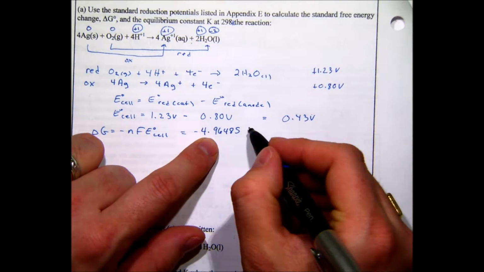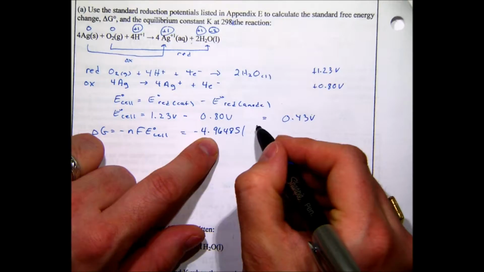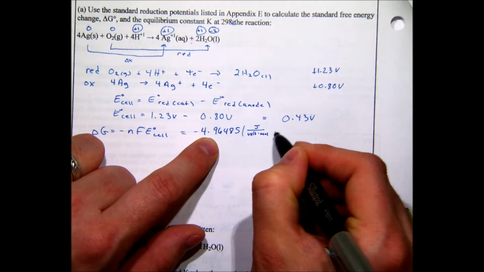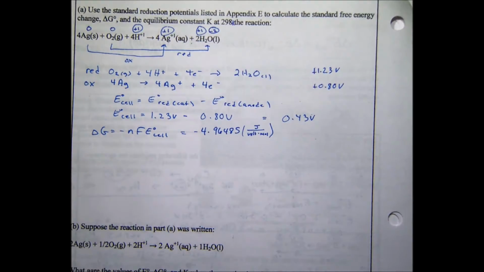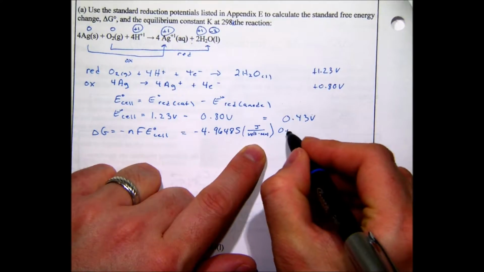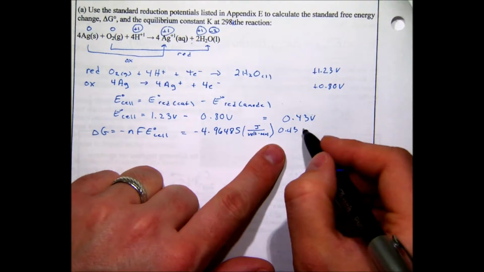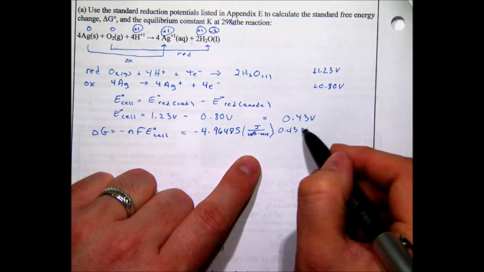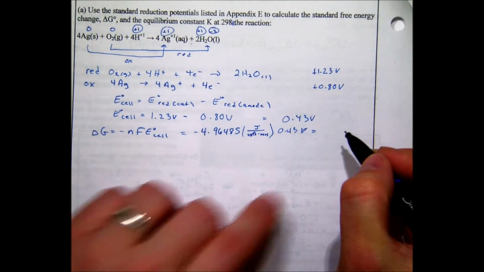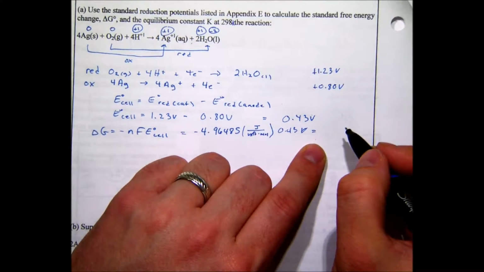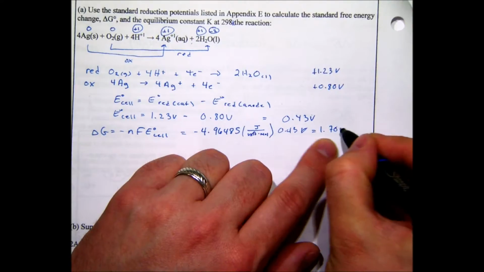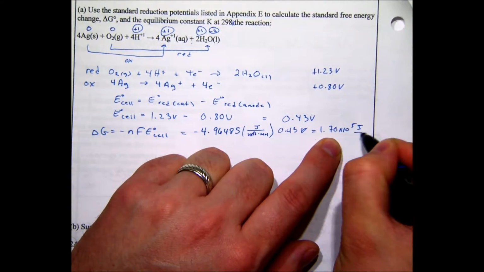We can actually rearrange this unit to be joules per volt mole. It's the same as what we've done before, but it's just a little bit easier to make it work. And then we end up with joules per mole in our overall answer, which some people like a little bit better. So this is equal to 1.70 times 10 to the 5 joules, and that's joules per mole.